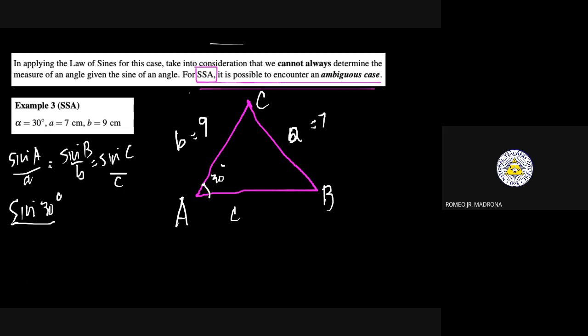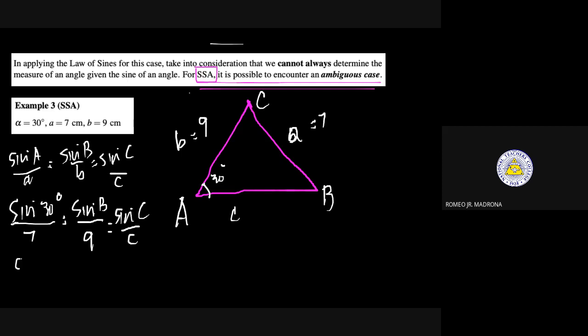Okay, 30 degrees and 7 is equal to sine B over 9, sine C is unknown, and c is unknown. Ang daming unknown, di ba? Okay, so pwede nating masolve si B, hindi pa natin masosolve si C, right? Okay, for now. So here, pwede na nating masolve si angle B.